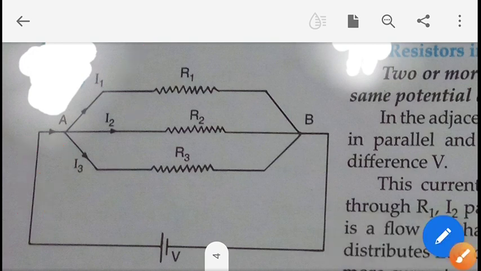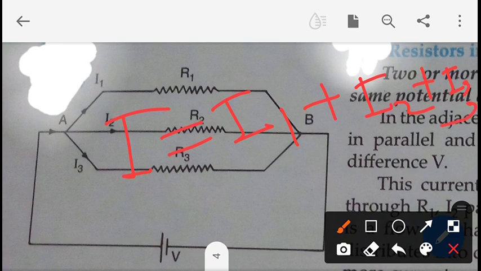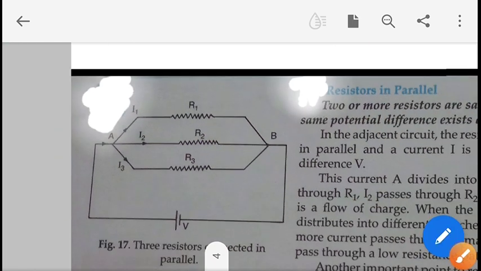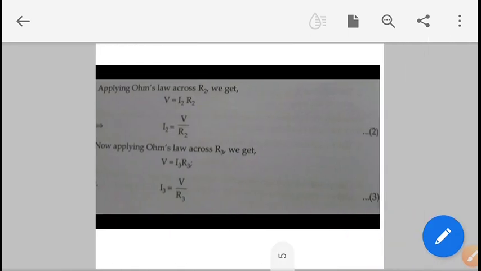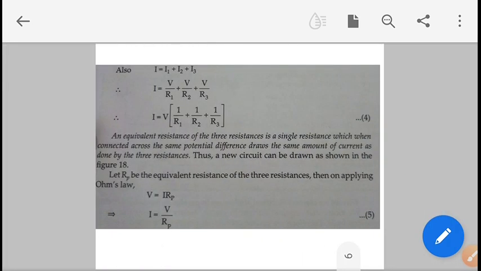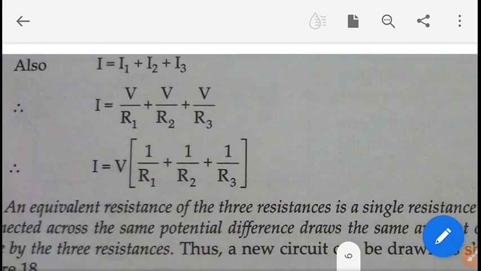It means I can write I is equal to I1 plus I2 plus I3. This is written over here.